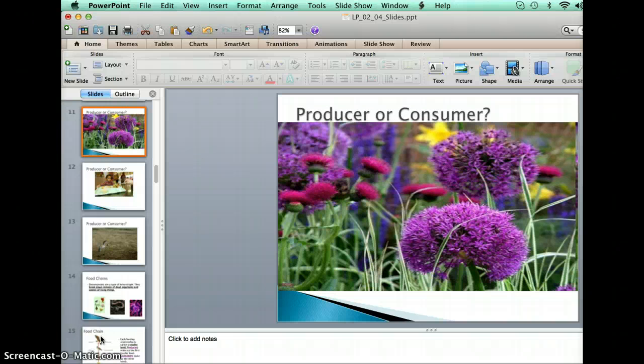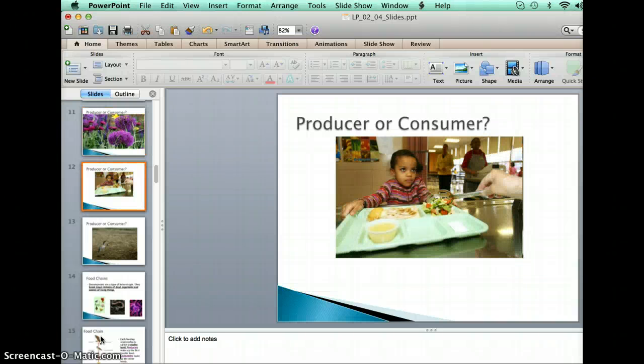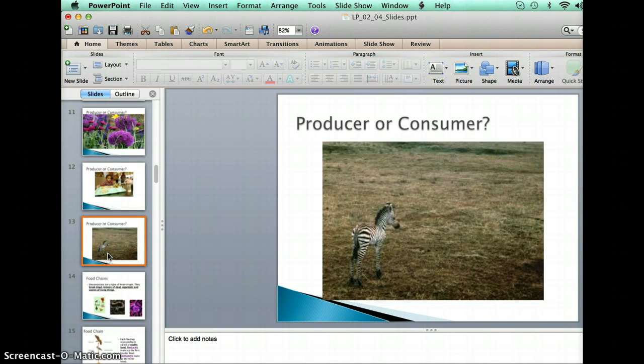The next one. The next one, this little happy organism, producer or consumer. Finally this one, producer or consumer.